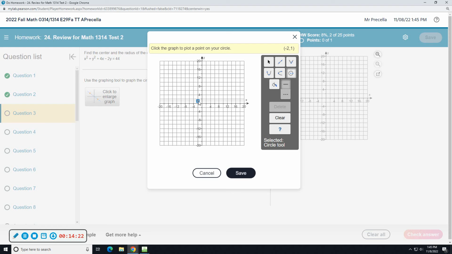So I'm going to move up 7. We're starting at a y value of 1. 1 plus 7 should drop us at 8. Let's see. 1, 2, 3, 4, 5, 6, 7. There's the secondary point. Just counted 7 units up.